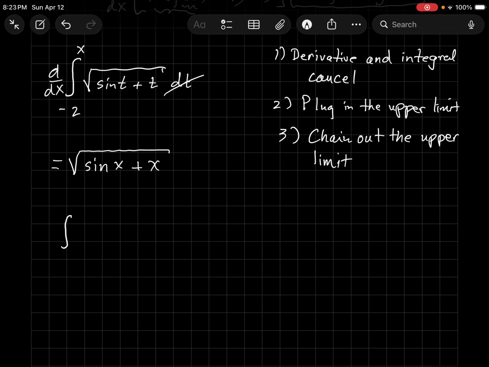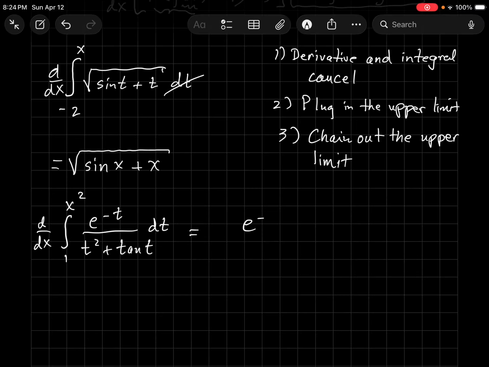So what if we had the integral from 1 to x squared of e to the negative t over t squared plus tangent of t dt, and we want to take the derivative with respect to x. How do we do this? We recognize the derivative and integral cancel.